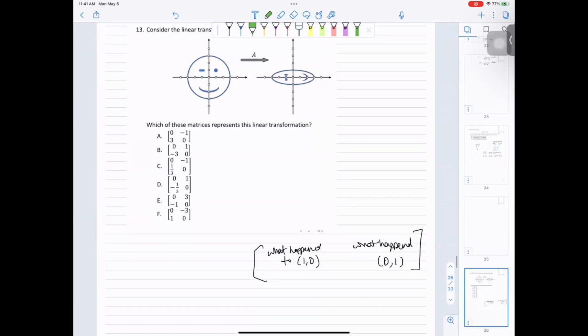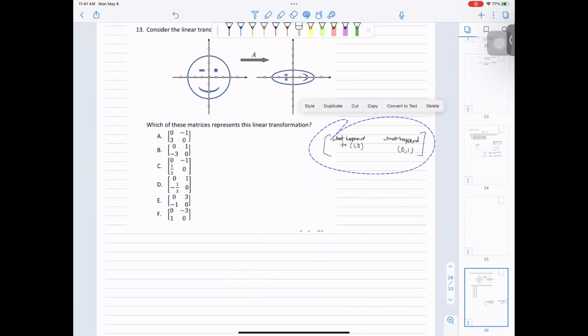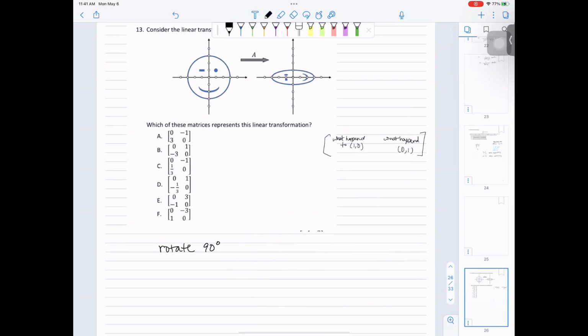Okay, so let's see. If we had an original I vector over here, there's multiple ways of doing this question. I guess if you want to rotate first, let's see what happens. Let's say we rotate by 90 degrees. What's the rotation matrix?